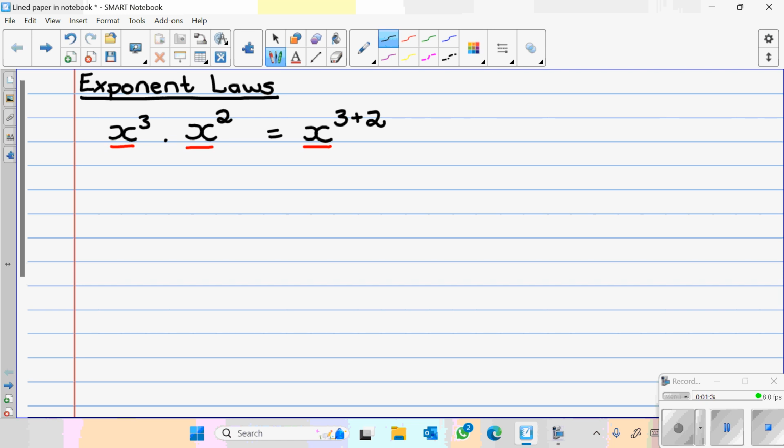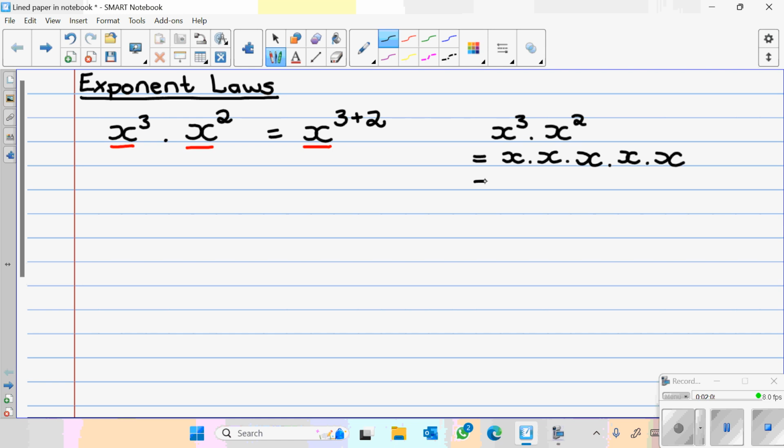If you want to do it differently, just to show you how we got to this law, let's write it out like how we know exponents is. X to the power of 3 means there are 3 x's that are multiplied with one another. And then x squared means there are 2 x's that are multiplied with one another.